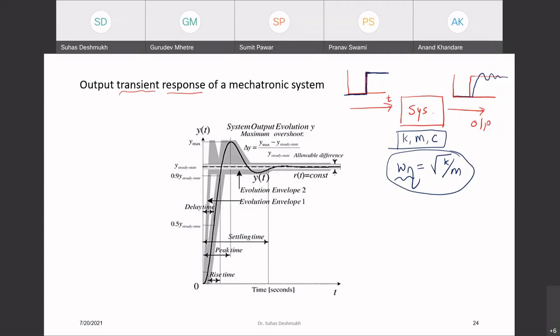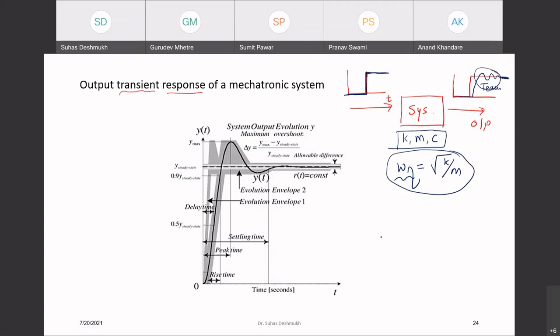So as it changes state, initially the speed was 0 in one state, and another state is maybe 1,500. When it changes the state, you can observe certain vibrations and oscillations, and these oscillations die out after a certain time. And this is what is called a transient response.